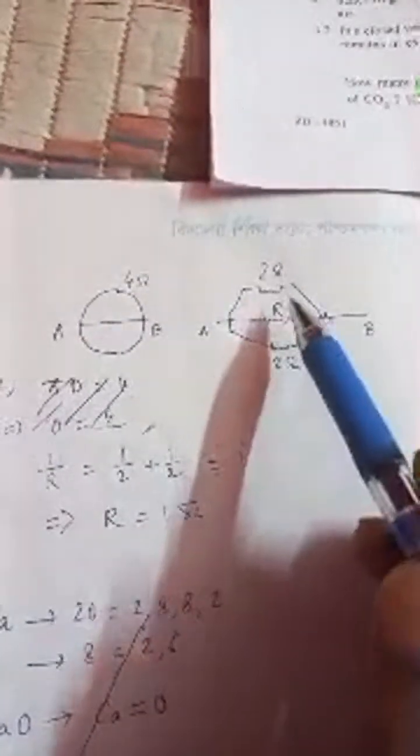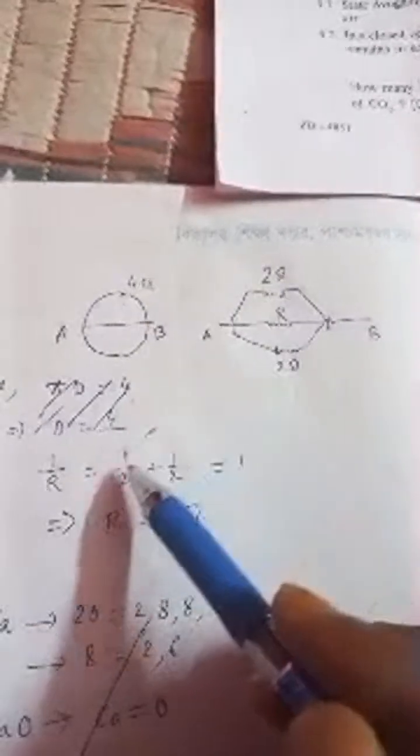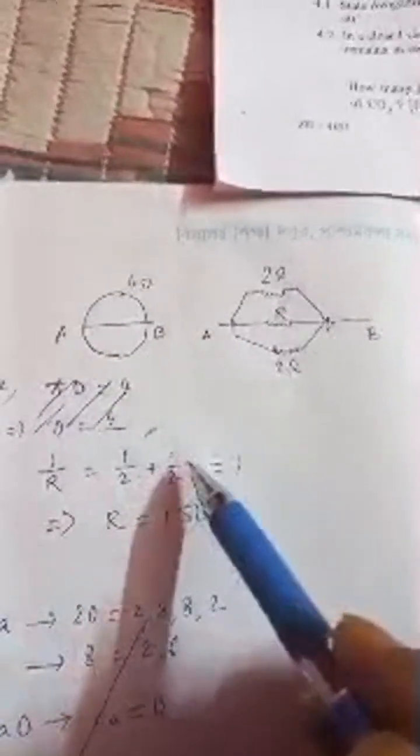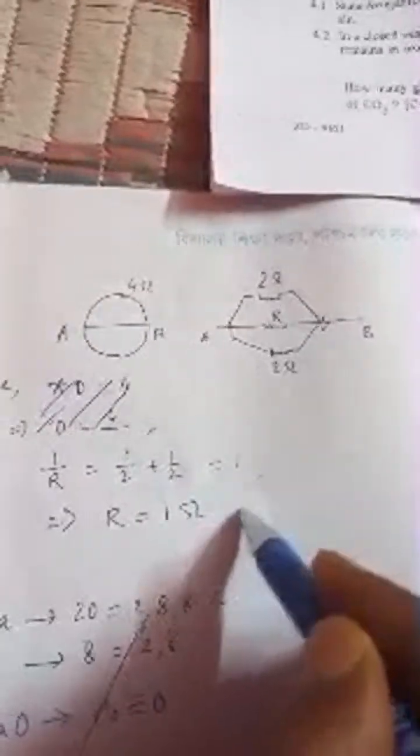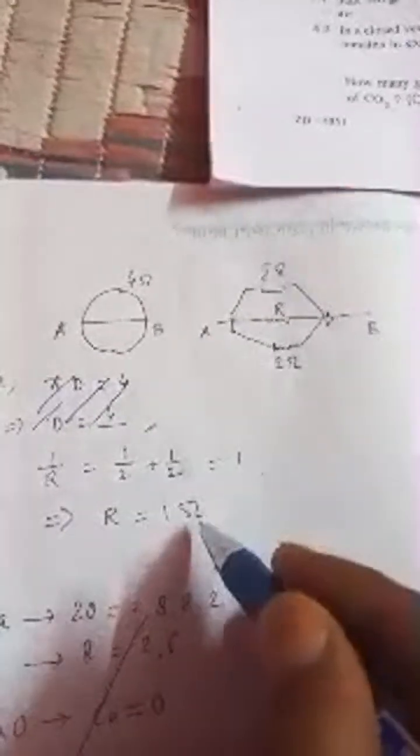By the formula, 1 by R is 1 by 2 plus 1 by 2, which is 1. So R will be 1 ohm. I think this will be the answer of this problem.